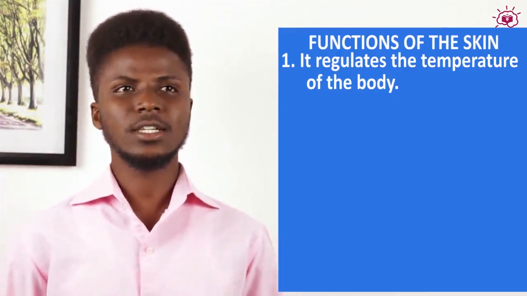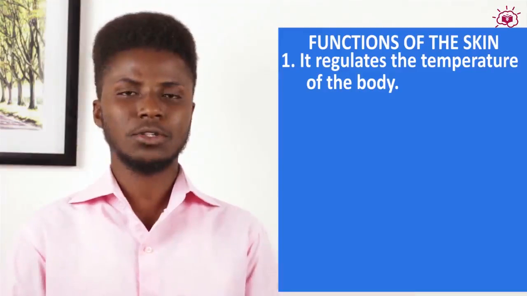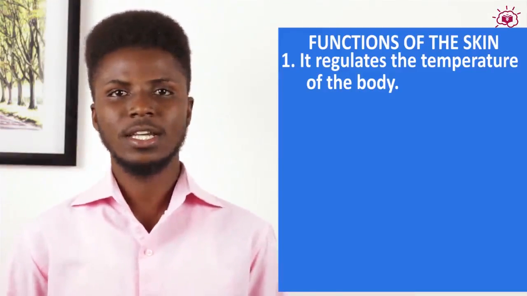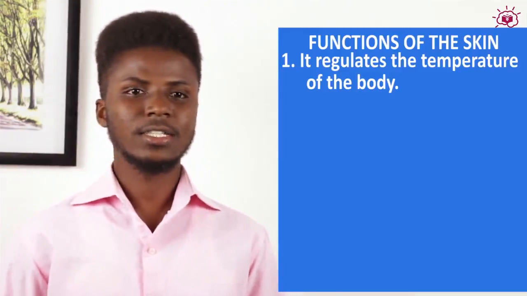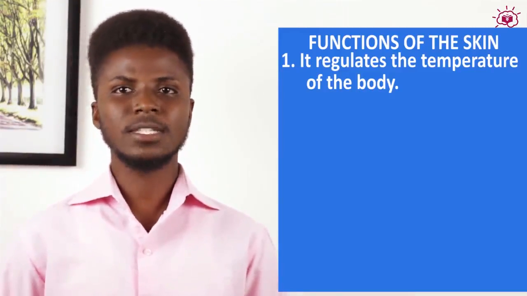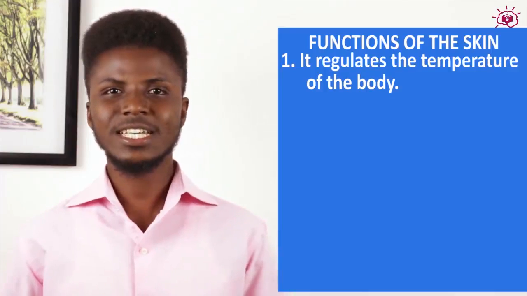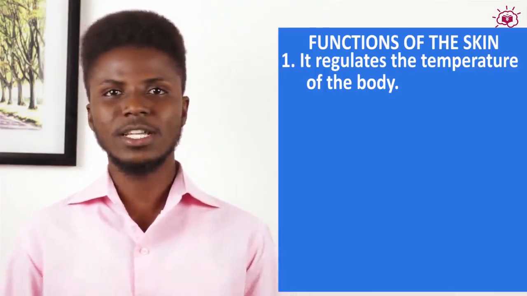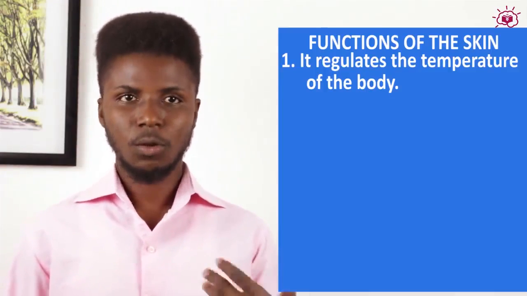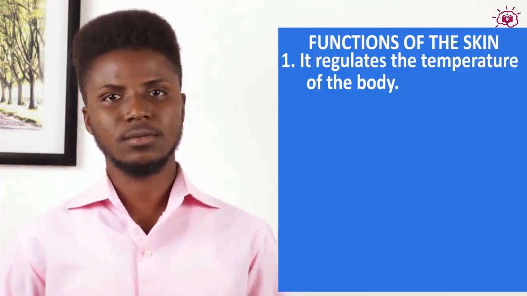You should know that the internal or standard temperature of human beings is 37 degrees Celsius. On the other hand, when placed in a cold environment, the skin contracts, that is, the sweat pores contract and stop the release of water into the environment.